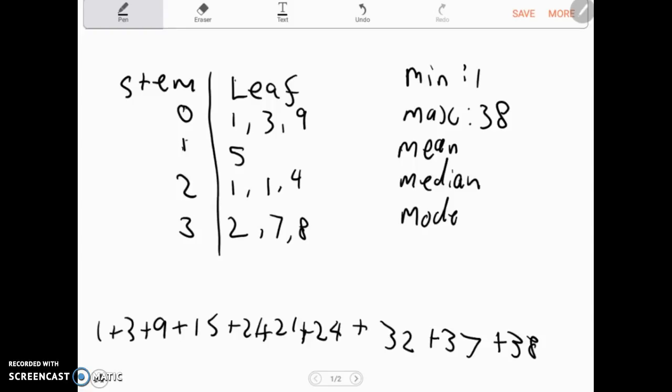Whoops, that shouldn't be 24 there. That should be a 21 plus 21 plus 24 plus 32 plus 37 plus 38 equals 201. Divided by the total number of data points, 1, 2, 3, 4, 5, 6, 7, 8, 9, 10, equals 20.1. Okay, so our mean is 20.1.